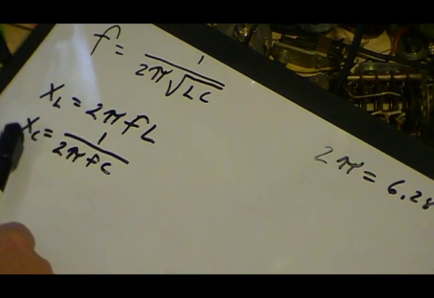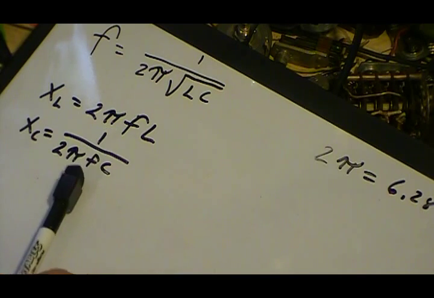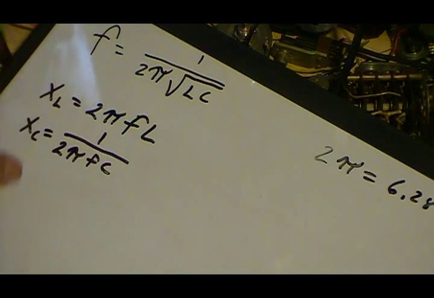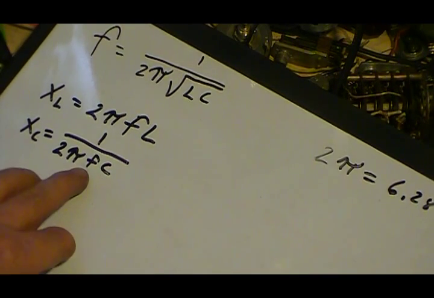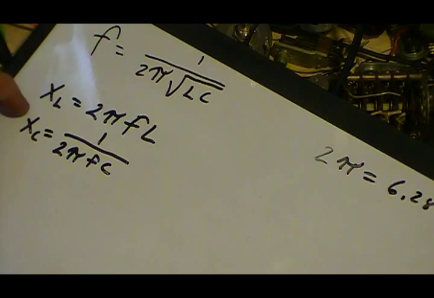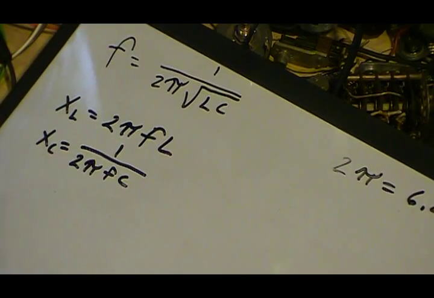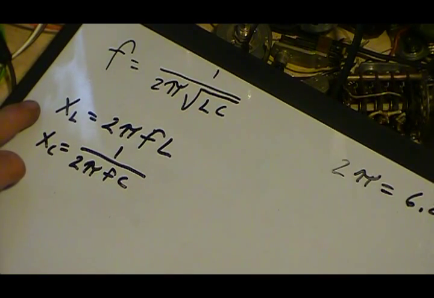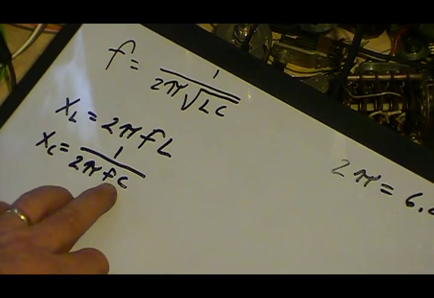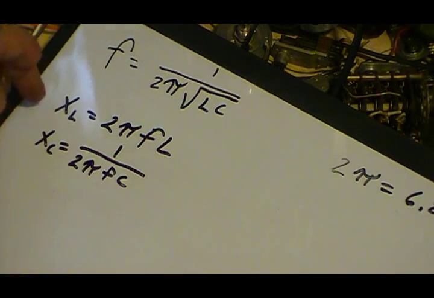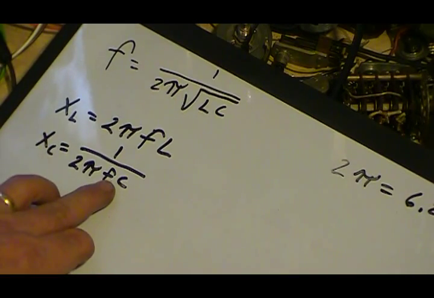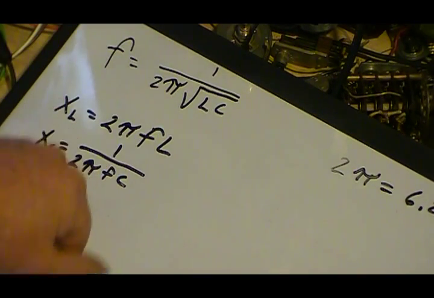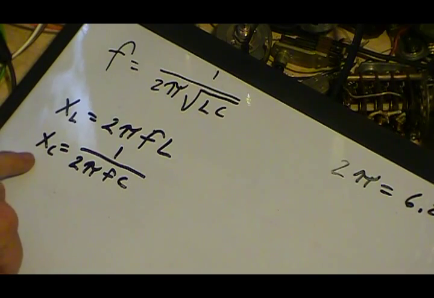On the other one, X sub C, we have a 1 over. It operates opposite. If F or C or both go up, X sub C goes down. If F and C go down, X sub C goes up. So if either one or both go up, this goes down. If either one of these two goes down, it goes up.